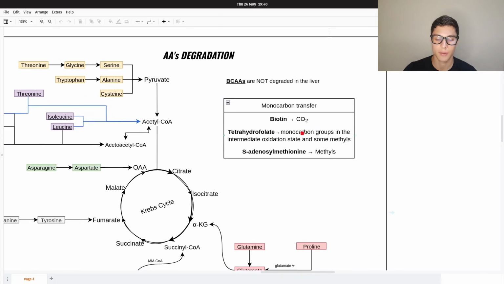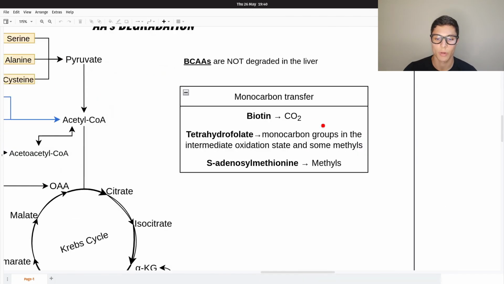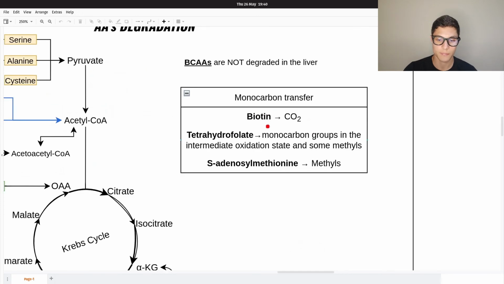And these are the monocarbon transfers we're going to use. Biotin is going to transfer the monocarbon in the form of CO2. Then we have the tetrahydrofolate, which is the active form of vitamin B9, and carries the monocarbon groups in the intermediate oxidation state, and some methyls.